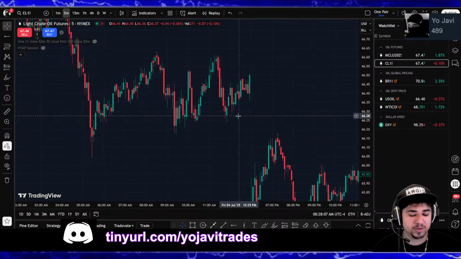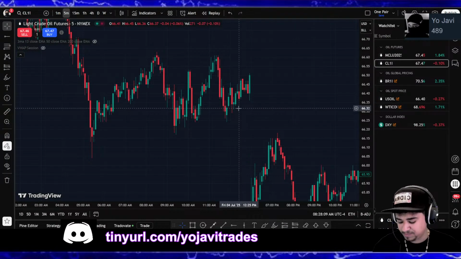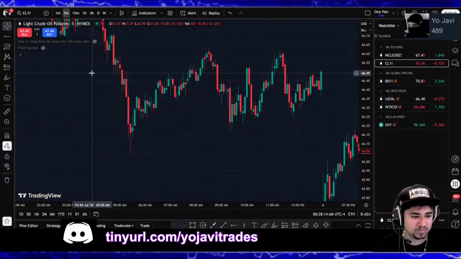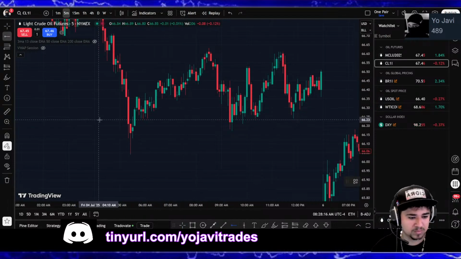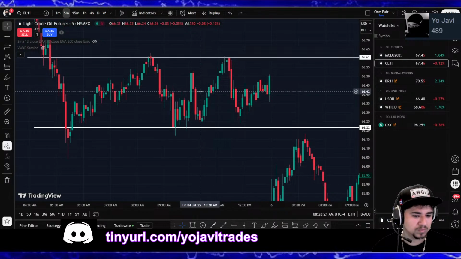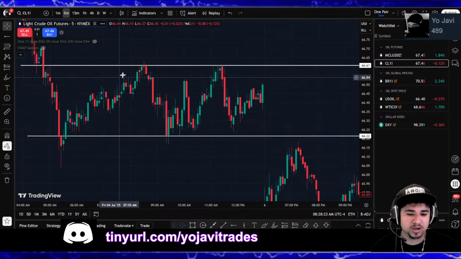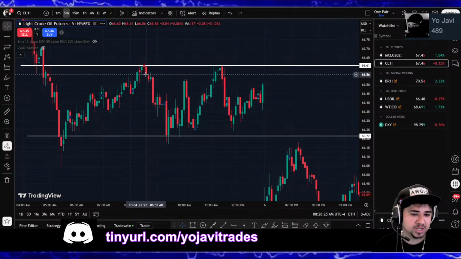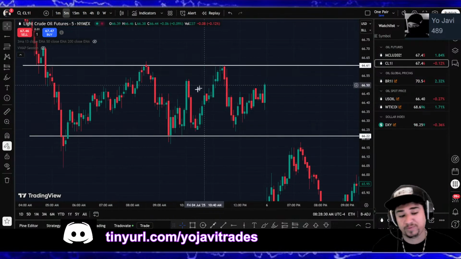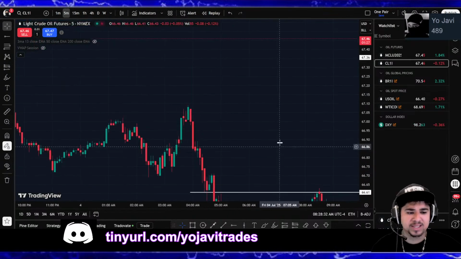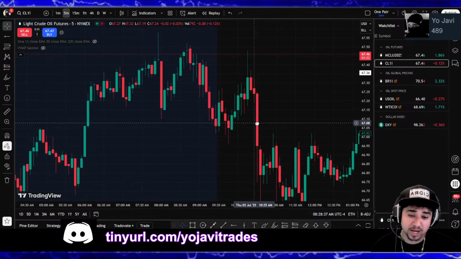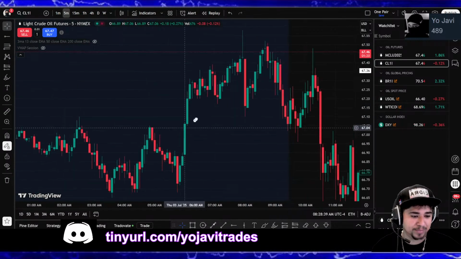I'm looking for a failed breakout and an engulfing bar. Okay, so here we have a range. Do we have an engulfing bar? Nope, not there. Failed breakout with an engulfing bar is going to be a little bit more specific, so I might have to give that as homework.